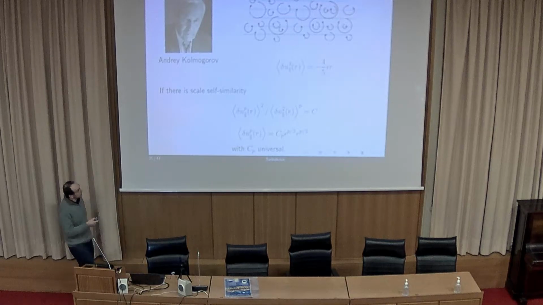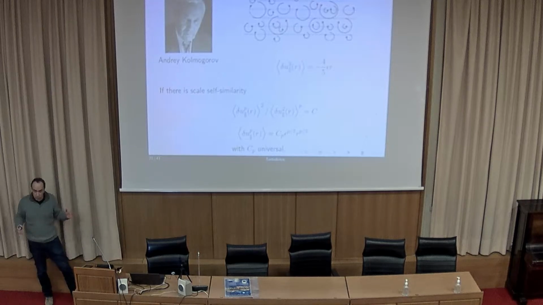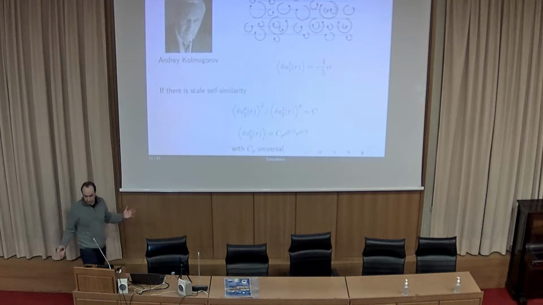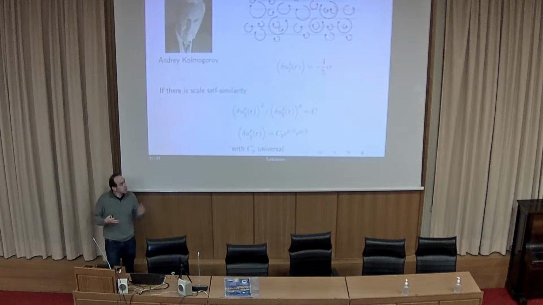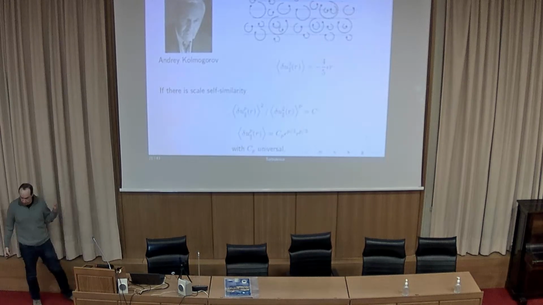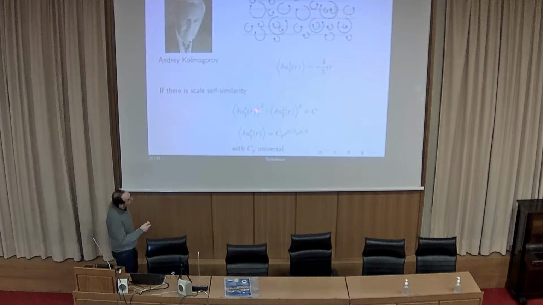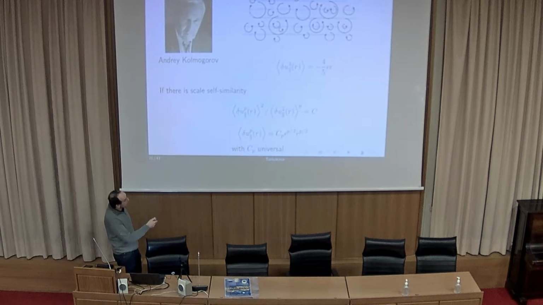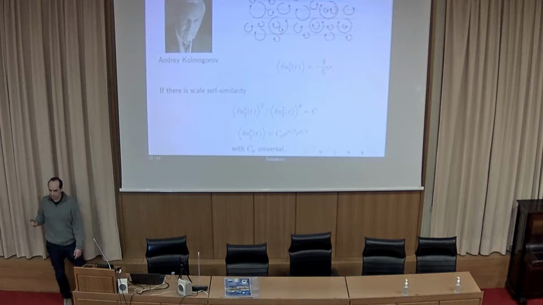What Kolmogorov did say is that since the equations of fluid dynamics, Navier-Stokes, are scale invariant, if we assume that the solution is also scale invariant, then the moments, delta u to the p divided by delta u to the 2 raised to the p/2, should not depend on the scale.